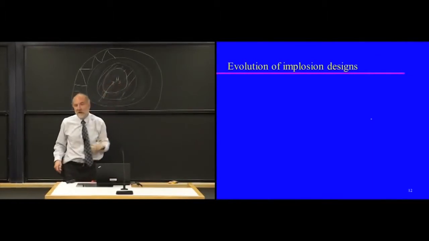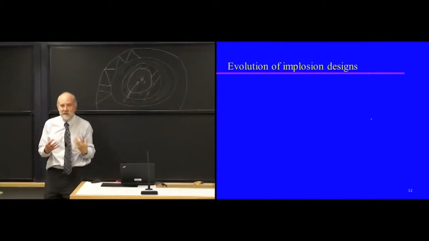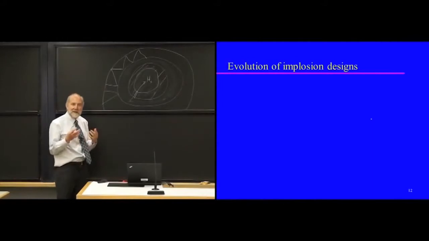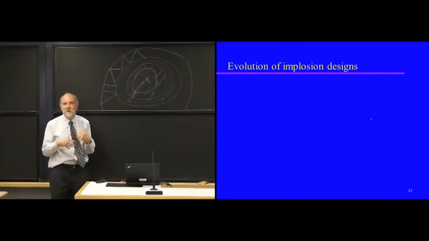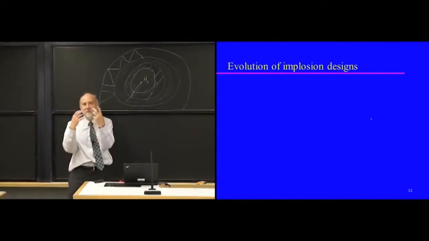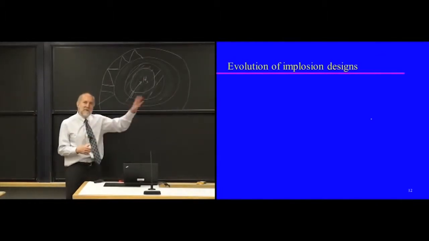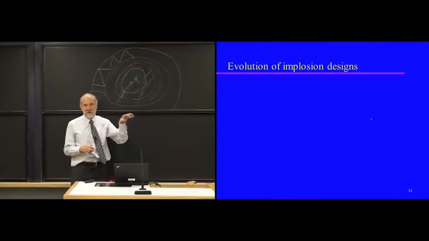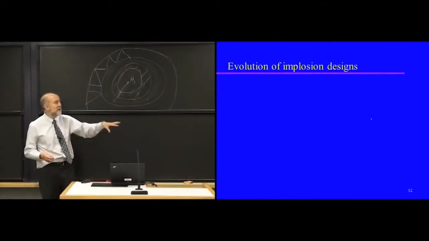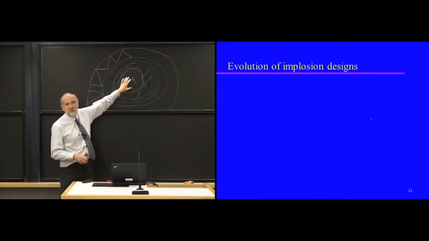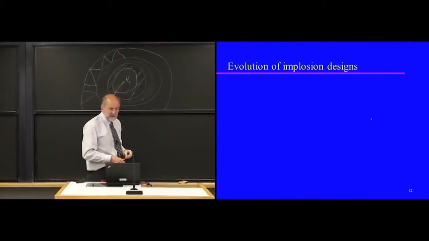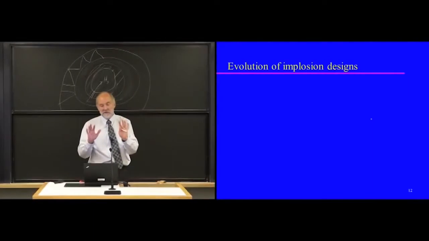So this is what's called a boosted weapon. This is not yet a real hydrogen bomb, but it's what's called a boosted weapon. The fission is being boosted by the fusion. So every modern thermonuclear weapon in the US nuclear arsenal, in the Russian nuclear arsenal, is a boosted weapon like that.